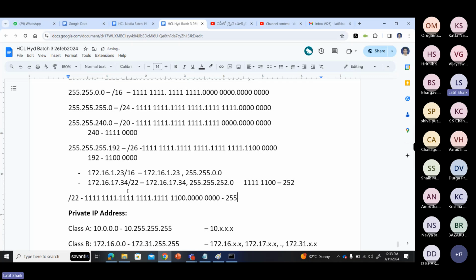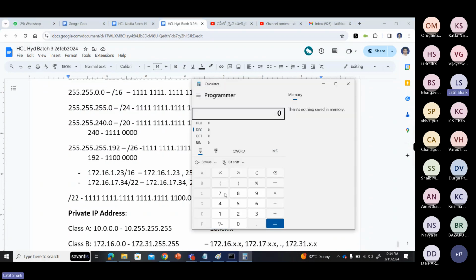The first is 255, 255, so 8 ones are completed. The next one you should convert into binary. These are all ones, no problem, but this one you should convert into binary. It is 240... where is the calculator? It is better to show it in the calculator.